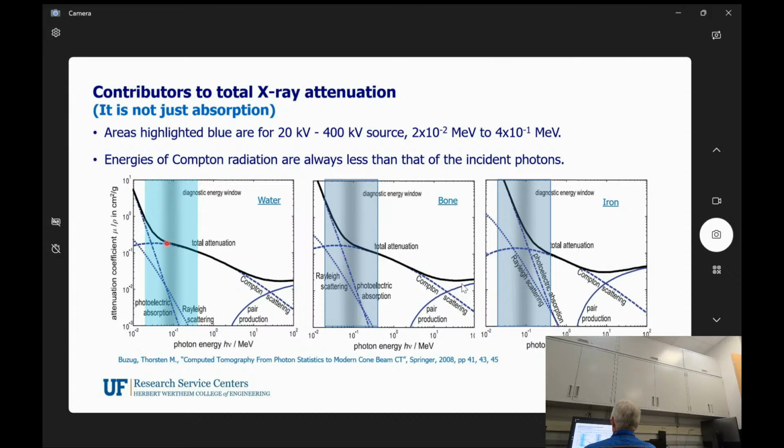All right, we see that the photoelectric absorption line moves to the right as we increase the atomic number of our materials. So iron is much higher than water is, but we're still looking at a substantial amount of Compton scattering even here.